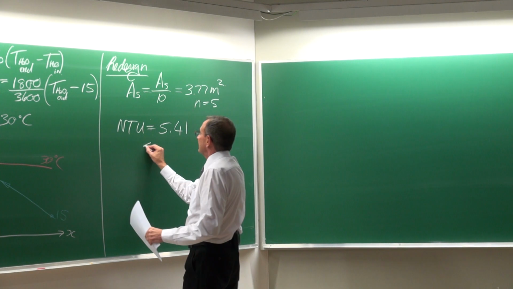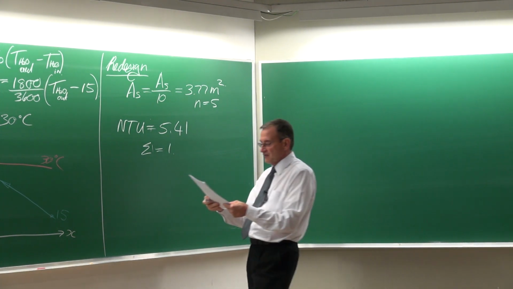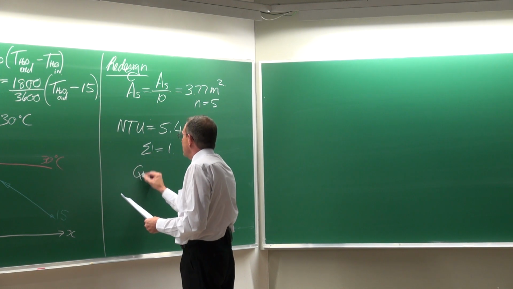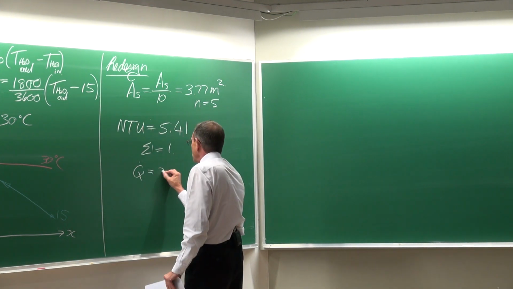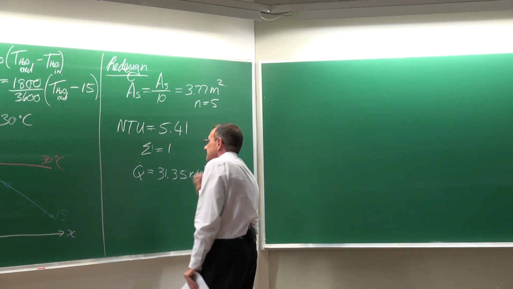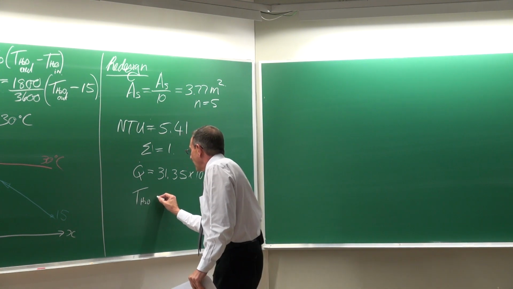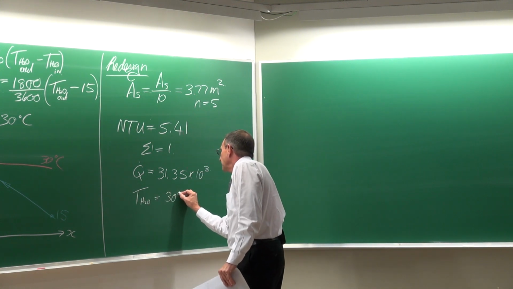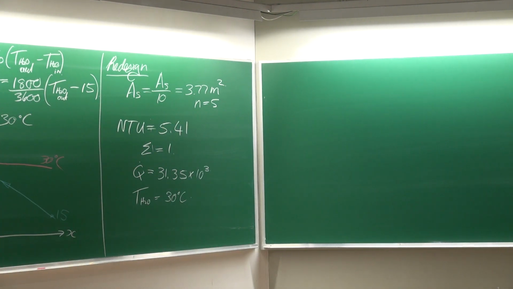The effectiveness again is going to be 1. Your heat transfer rate is still going to be 31.35 kilowatts. So exactly the same heat transfer rate, exactly for the water. Outlet temperature is still going to be 30 degrees Celsius, but you use 10 times less surface area.